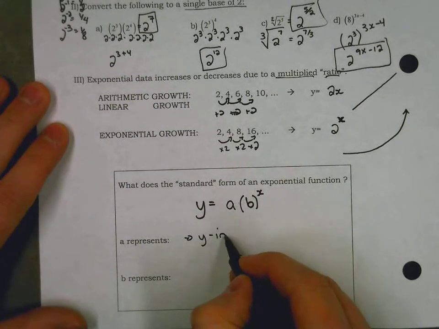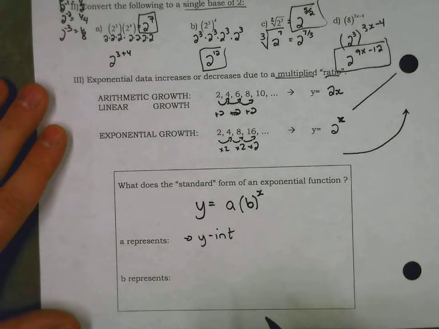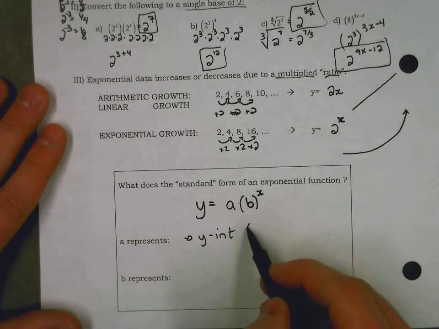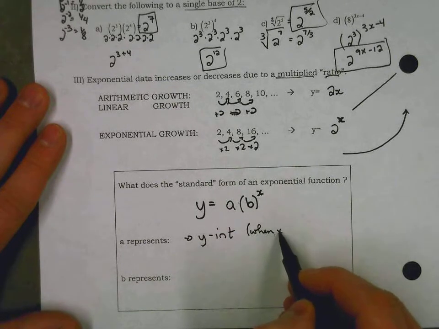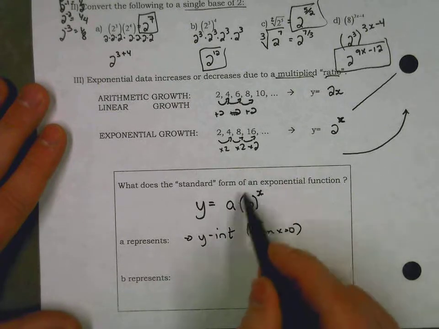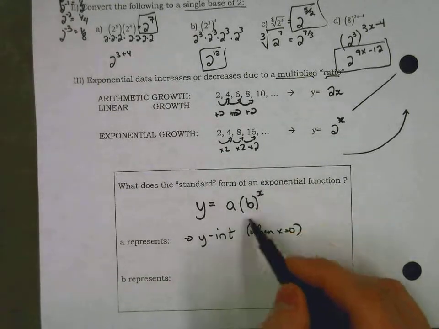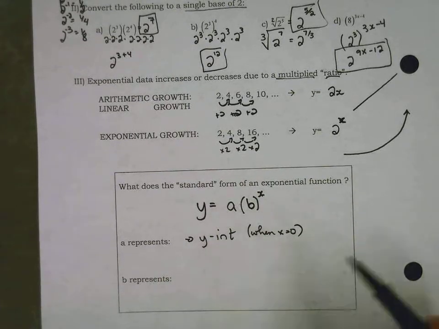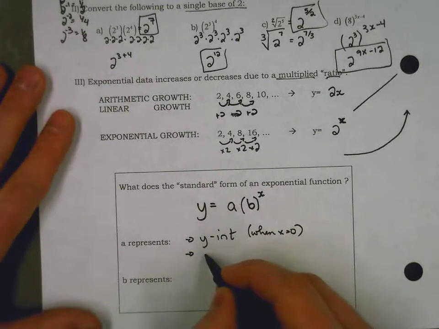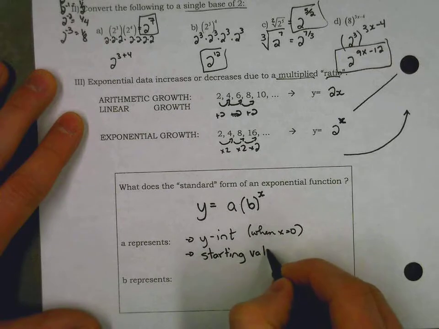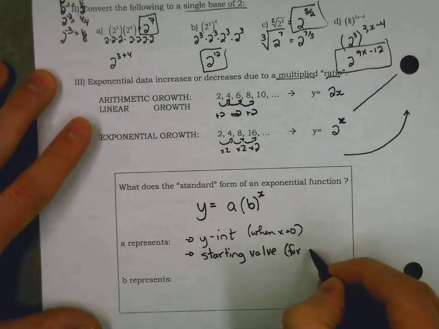As a visual, a represents your y-intercept. If your x value is 0, b to the 0 is 1, and it really has no effect on anything other than the a value, which becomes what's left over when x is 0. So it could be a y-intercept, but it could also be a starting value if we're talking about applications.